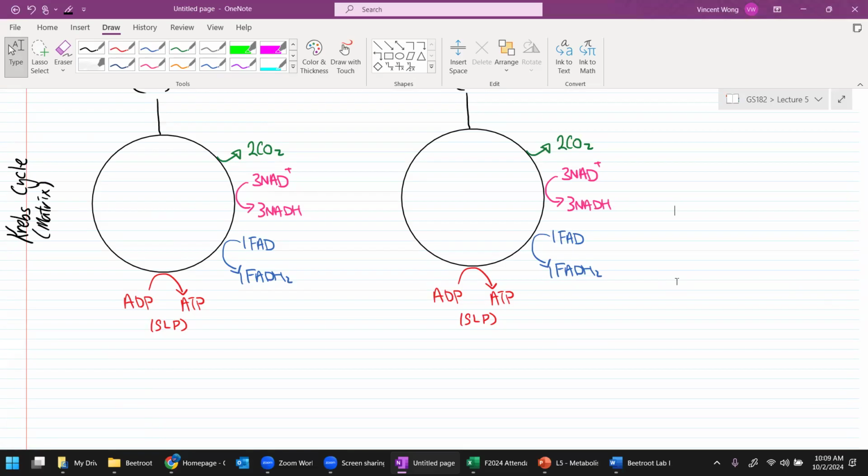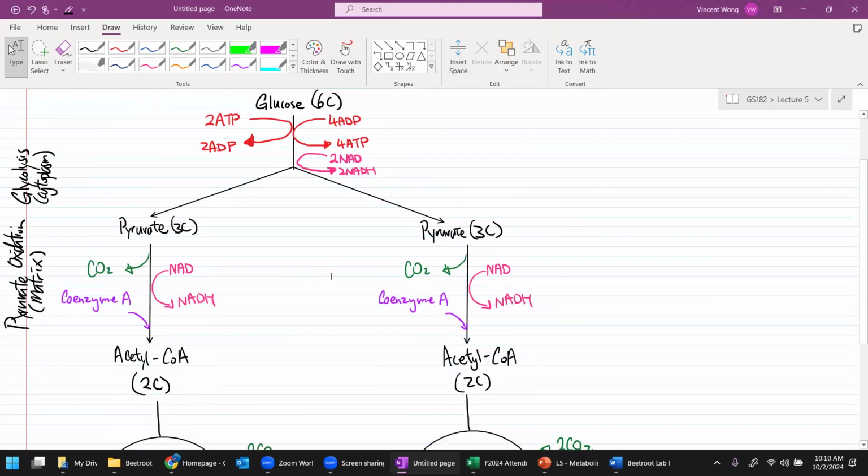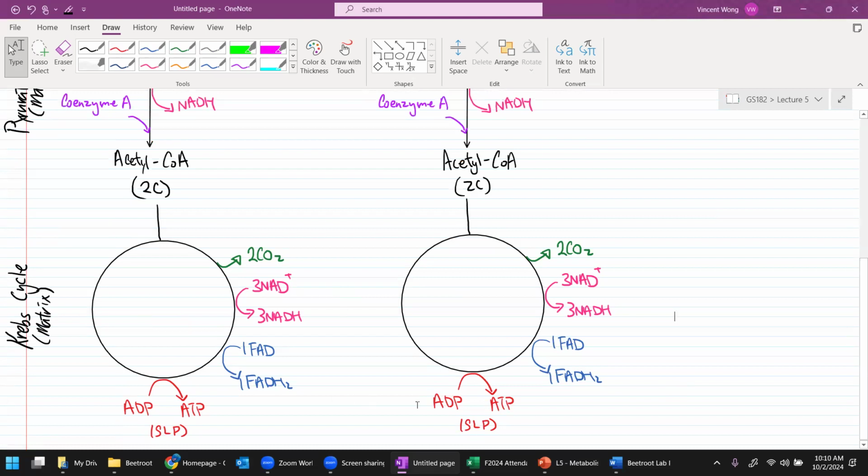I can see 2 here, but what about early on? How many so far? 4. That's right. Okay. We have 2 from here, right? 2 net, none from the second stage, and then 2 more here. So that's 4 net ATP.